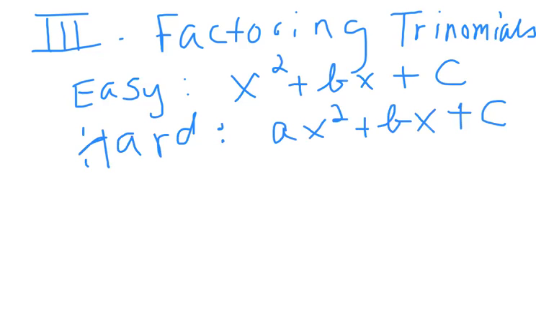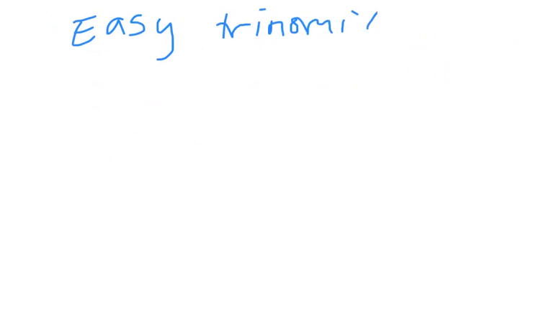So right now, I want to spend the time factoring the easy trinomials. So let me give you some steps for factoring the easy trinomials. And guys, listen, it's just like what it sounds. It's easy. So the easy trinomials are in the form of x squared plus bx plus c.